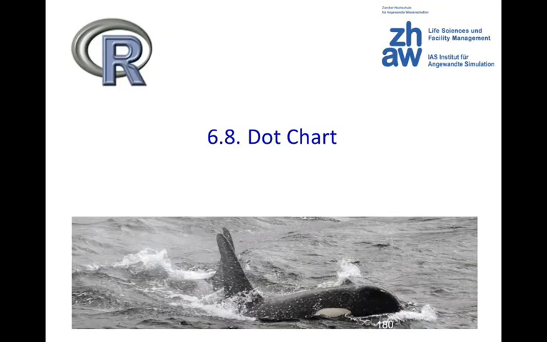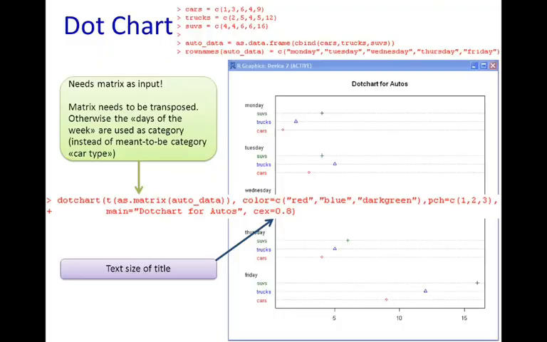The dot chart is the next diagram we will have a look at. Honestly speaking, I'm not using this one too often. This is basically a way of, let's say, visualizing means of some data in terms of factors.